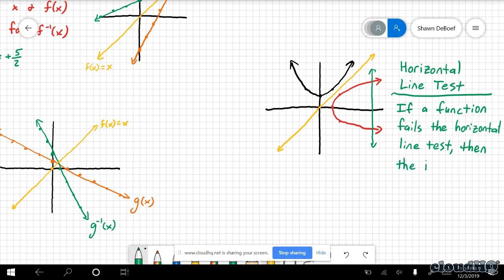Yeah, the inverse is not a function. Because we know that the inverse will fail the vertical line test. So we could have looked at the original and noticed that in the original, we can draw a horizontal line that touches the original more than once. So right away, we would know that its inverse is not a function.